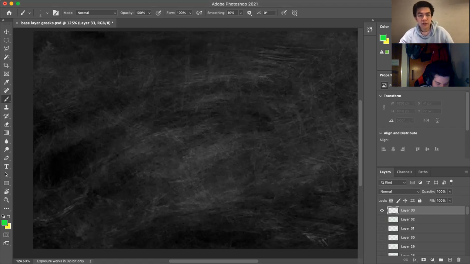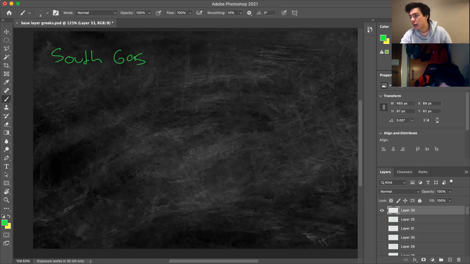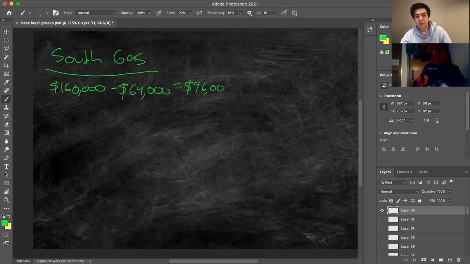For South Gas, first we're going to subtract the cost we can actually subtract. In this case, it's going to be direct materials. So we're going to do 160,000 minus 64,000, because that's the cost of direct materials. And we're going to get 96,000.